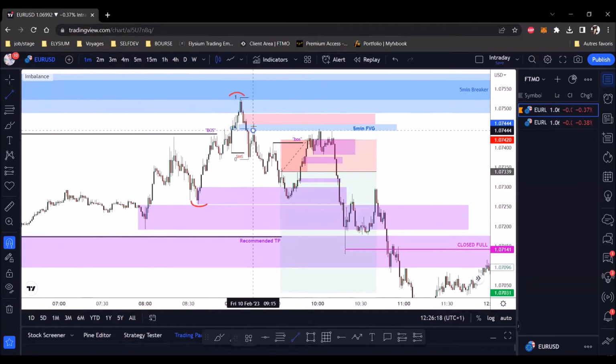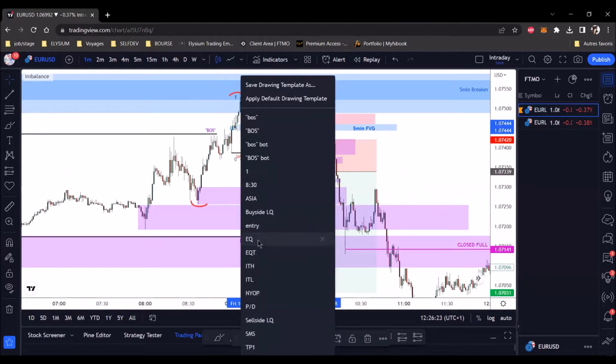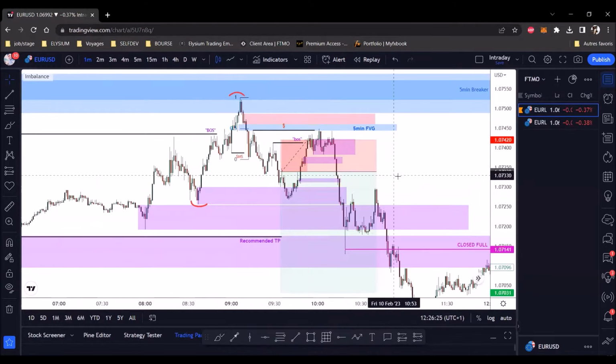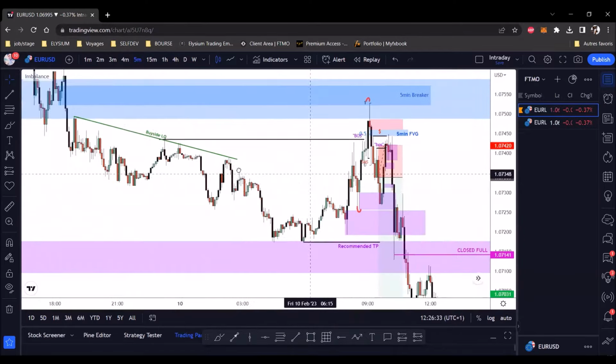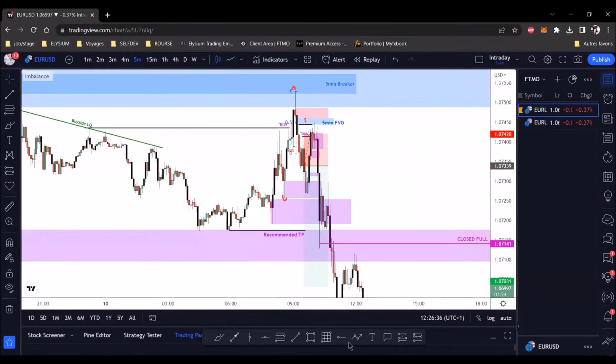Remember? Boom. Equal liquidity. And in 5 minutes, that's why sometimes during the video I go from 1 to 5 to 15 to see what happens. You can see the W type of range.